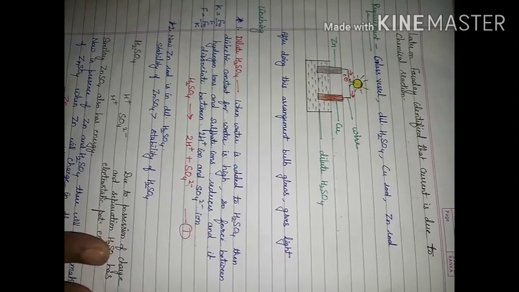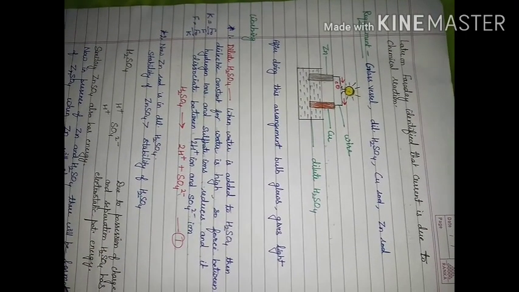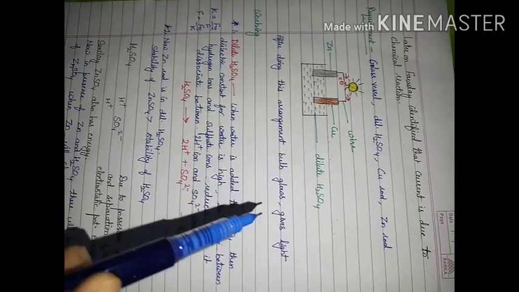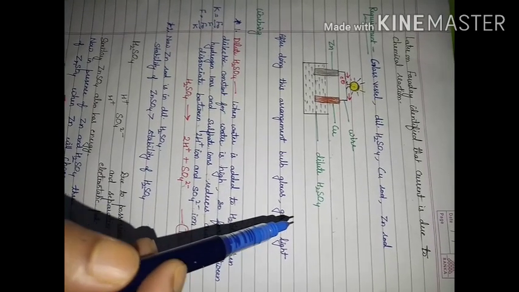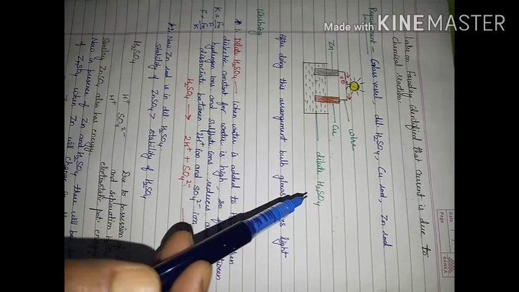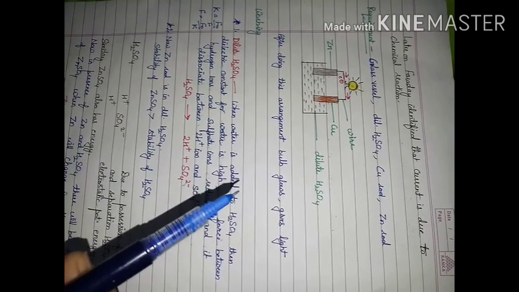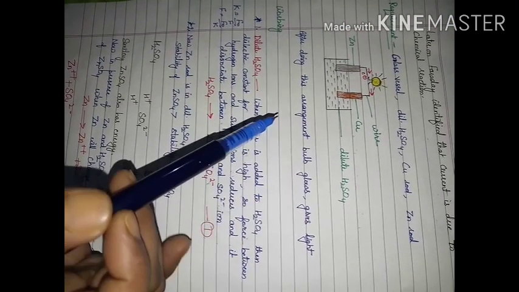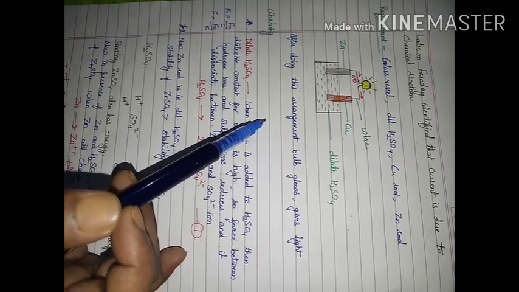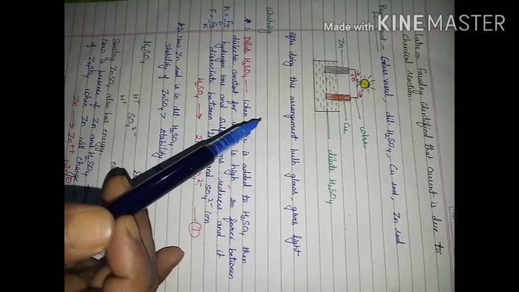He said that the chemical reactions taking place between electrolyte and electrode are the real cause of electric current. So we will consider chemical reactions in which chemical energy is changed into electrical energy, and the device used to carry out this reaction is the electrochemical cell.